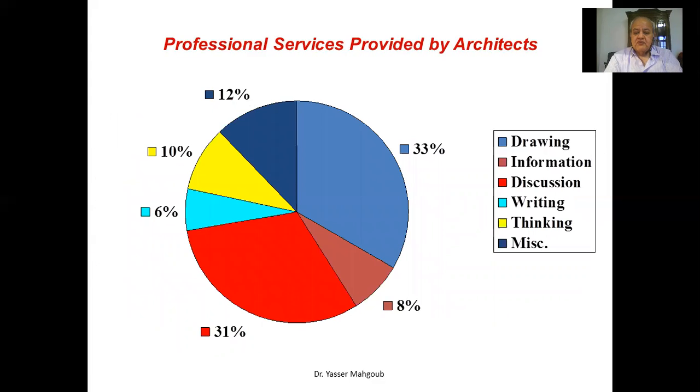Usually this is the distribution of the architect's time in the office: between drawing, looking for information, discussions, writing, thinking, and other things during their work.